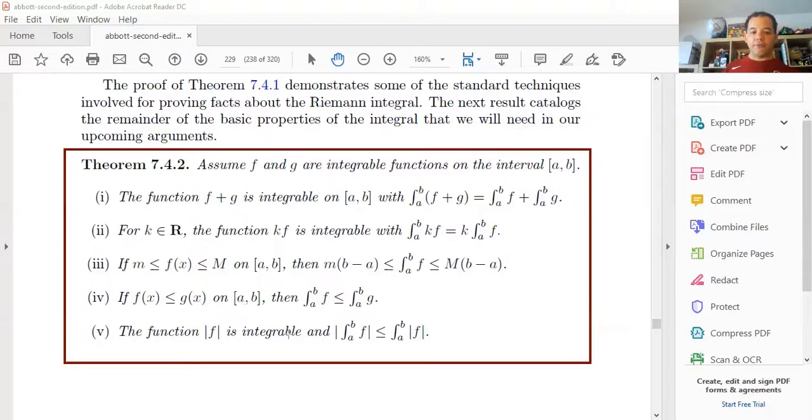And as a consequence, the absolute value of f will be integrable if f is integrable, and more than that, we have what we can call the triangle inequality for integrals. So the absolute value of the integral of f is less than or equal to the integral of the absolute value of f. You can think of it as the triangle inequality.